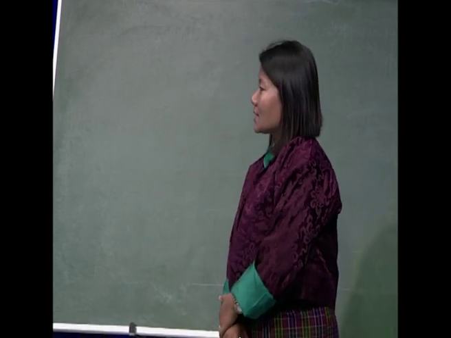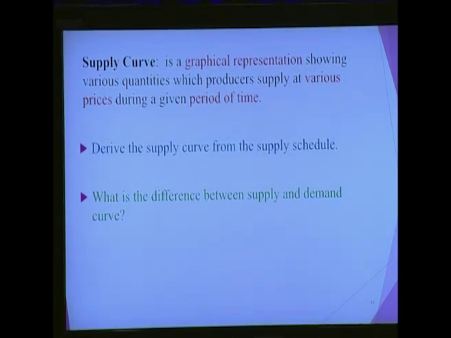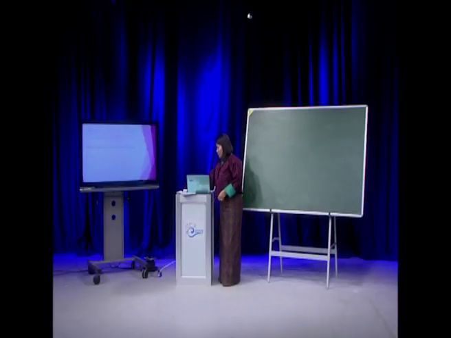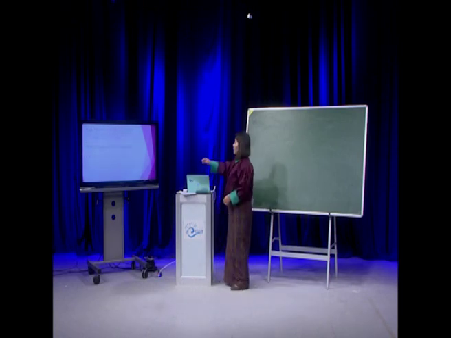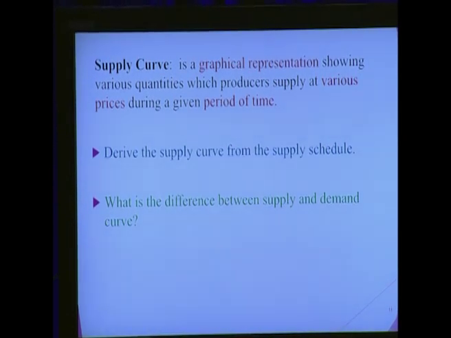What is a supply curve? A supply curve is just drawing a curve with the help of the supply schedule. Because we have a question here, we are supposed to derive the supply curve from the supply schedule.